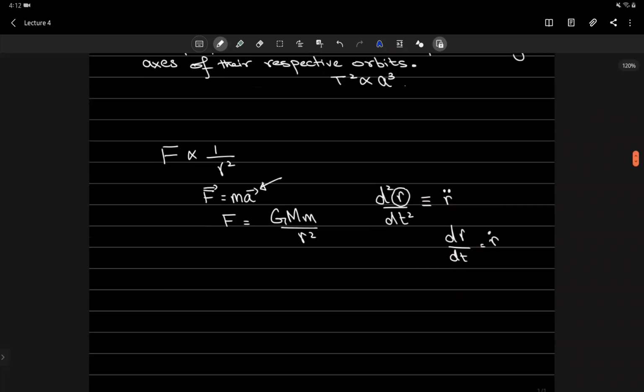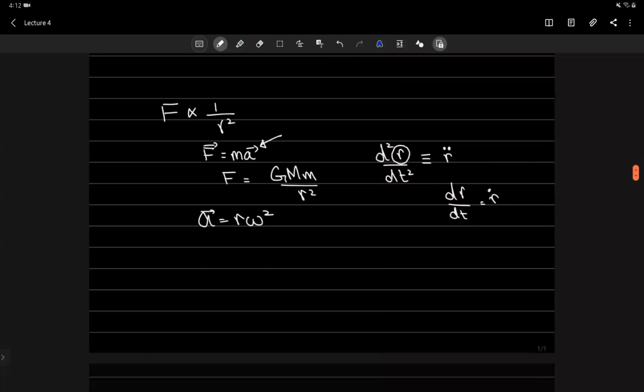And we know कि if something is moving in that circular motion or circular path, तो हम उसकी जो acceleration है we write it as r omega squared. So ये हमारे पास जो total acceleration होगी basically it would be the sum of this one and this one, right?